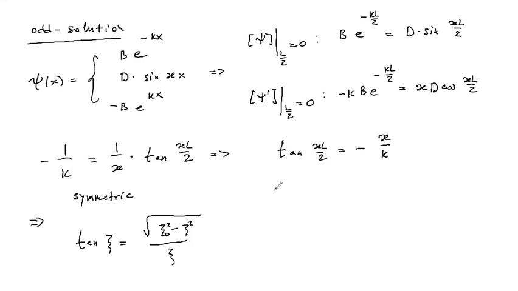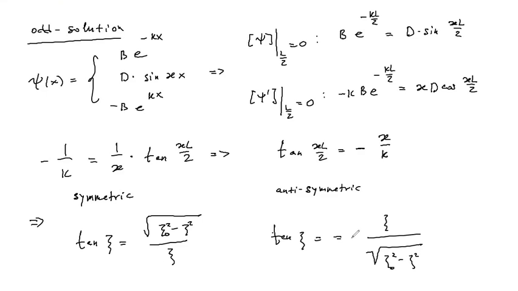And I have anti-symmetric. Then I have the same tangent of the same kappa. So basically I have to flip it. When I flip it, I have xi over square root xi naught square minus xi square, yeah? But negative.